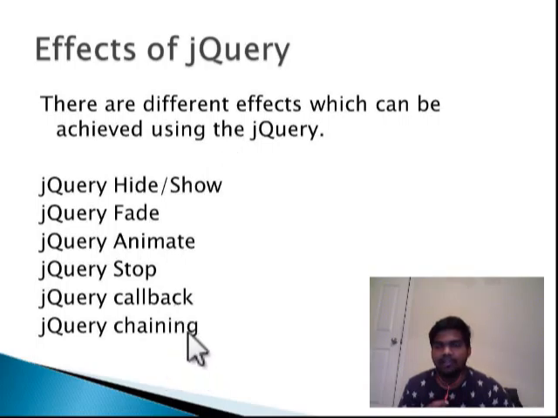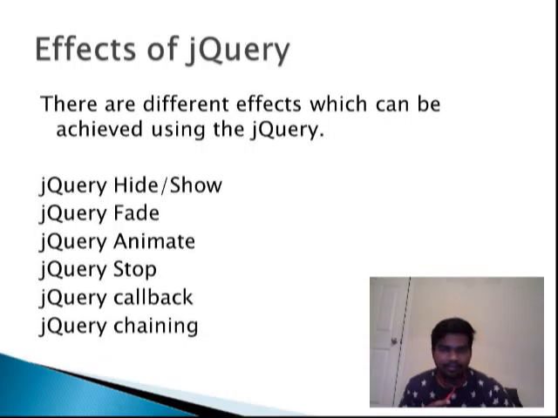Chaining is where we use multitasking or multi-querying within a single jQuery statement. jQuery hide and show is used if you have to hide or show an element, and the same goes for fading and animation. Stop is used if you have implemented a jQuery slide and you want to stop the sliding; you can use the function called jQuery stop. Callback is the same thing if you have to call back a function or something.